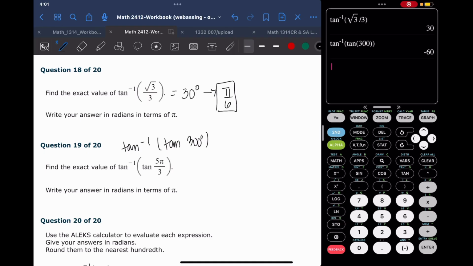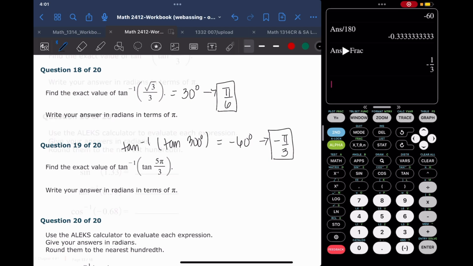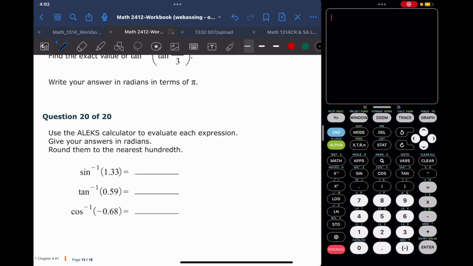So in that case, negative 60 degrees is going to be equivalent to negative pi over 3, because it's divided by 180. So that's negative pi over 3. I wanted this to be easy.